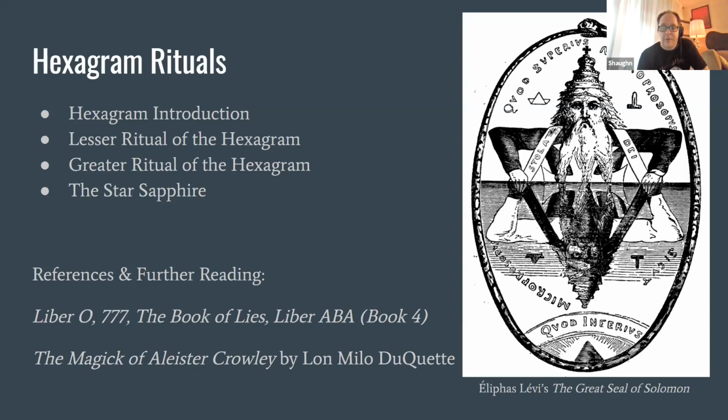Most of the reference material comes from Liber O, 777, the Book of Lies, and Book 4, and also The Magic of Aleister Crowley by Lon Milo DuQuette. On the right-hand side, you can see Eliphas Levi's illustration of the Great Seal of Solomon, which is in a hexagram formation.